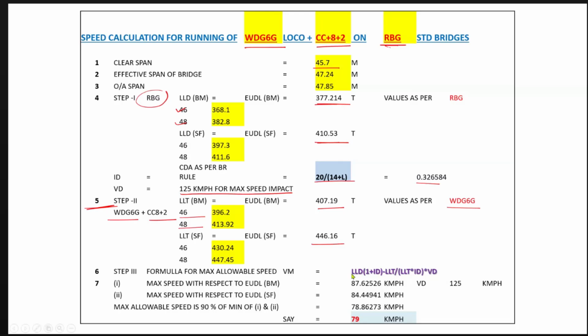The same formula for maximum speed, we provide those values: this is the LLD, this is the train LLT or IDs, and this is the LLDs that we provide. So we get for bending moment 87.6, and for shear force it comes to 84.4. So with that, by reducing 10%, it will be 78.86, means we are allowing 79 kmph.